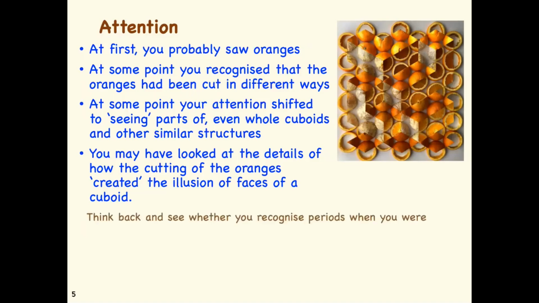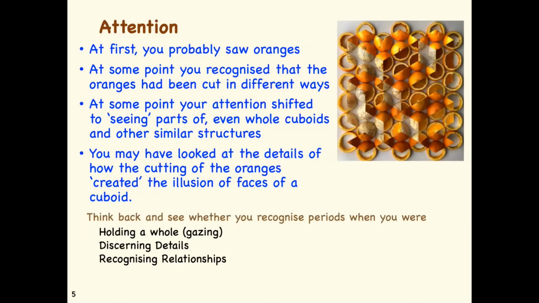So if you pause and think back, you might recognize periods when you were holding a whole, gazing not just at the whole picture but possibly at a smaller part of it, without really doing any analysis, just gazing. Or maybe you were discerning some details or recognizing relationships between details that you'd discerned. Or maybe you were perceiving properties as being instantiated, something which happens everywhere.